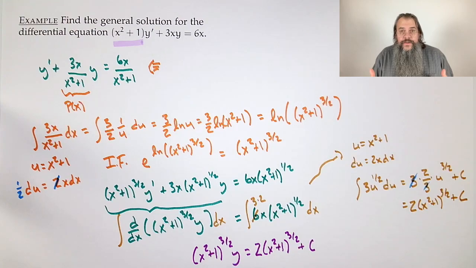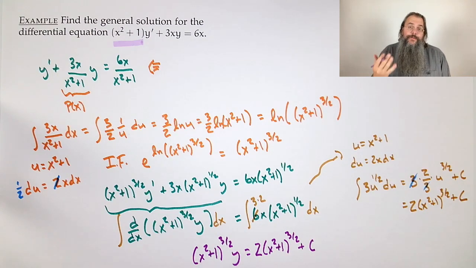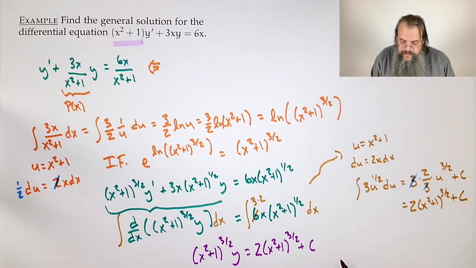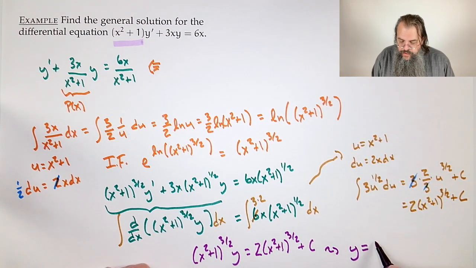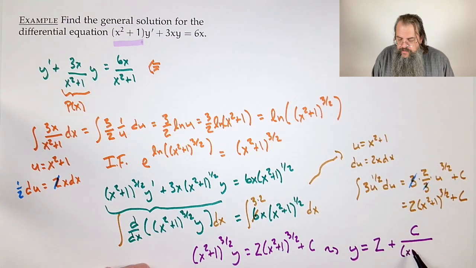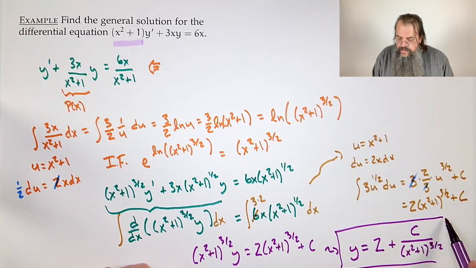And the last thing to do is to divide everything by (x squared plus 1) to the 3/2. In other words, get y by itself. And so if we do that, we'll say, well, that's rather convenient. Notice here, the (x squared plus 1) to the 3/2 cancels, so we get 2. And then plus our constant c, divided by (x squared plus 1) to the power 3/2. And that's our general solution.